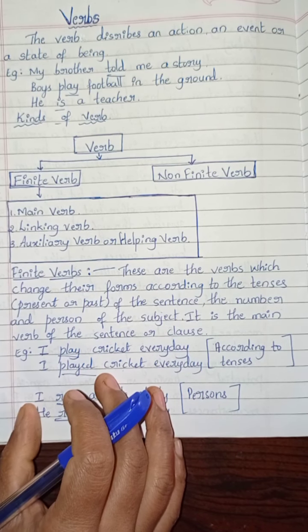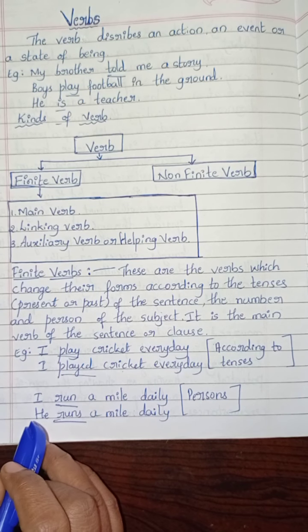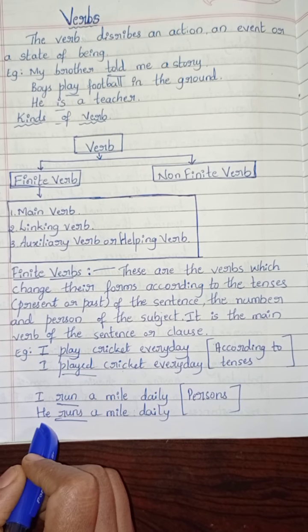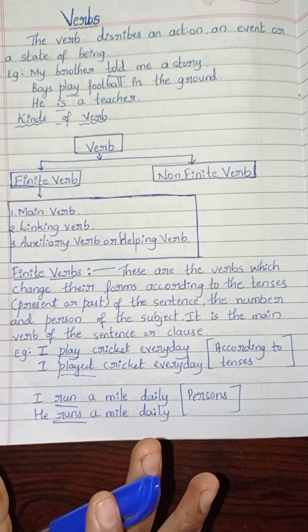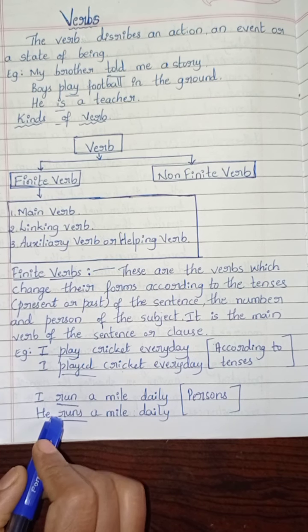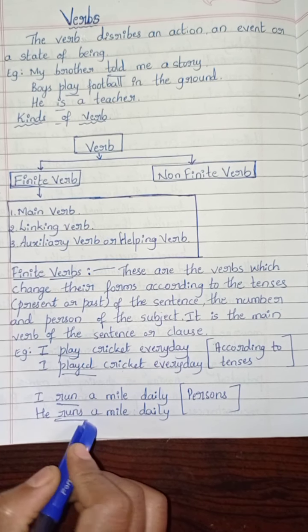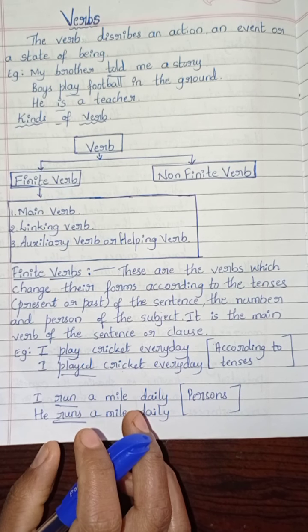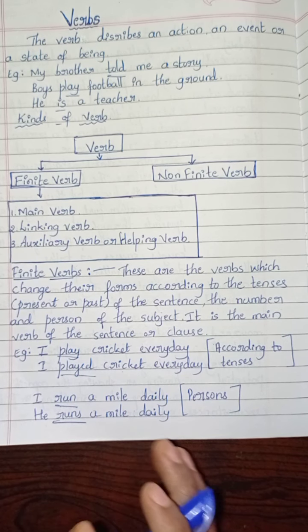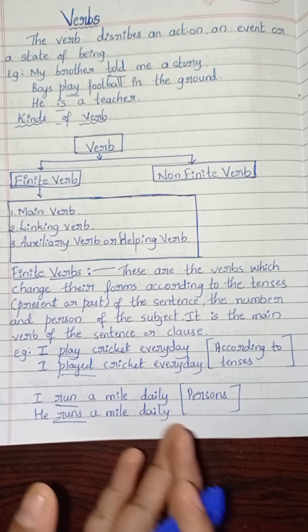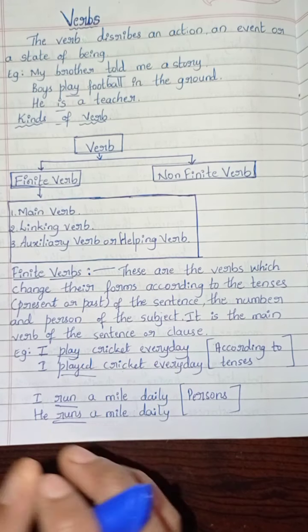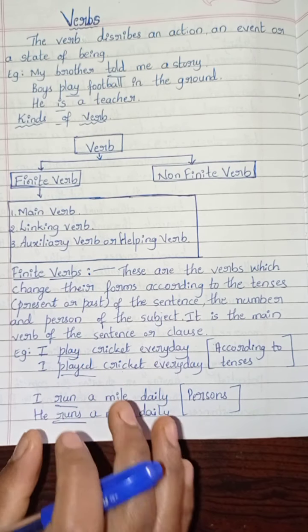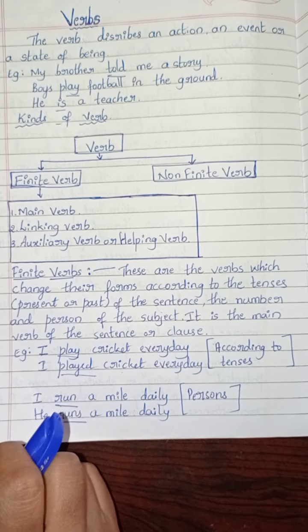As it is, we have to write that. If the subject is third person singular, then only we should change the verb. Means we have to add s or es to this verb. This we have learned in the previous classes. According to the persons, finite verbs will change.